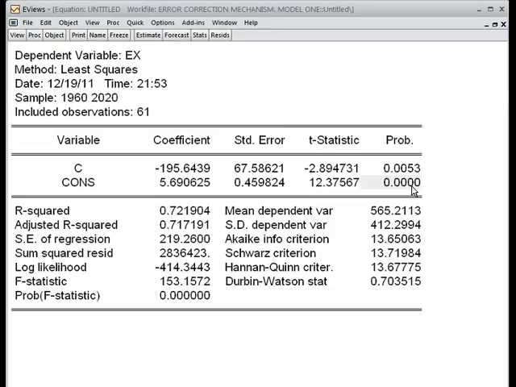And the thing is that when the variables are co-integrated, then we can run the error correction model. I'm telling again, when the variables become co-integrated, or when the variables have a long-run equilibrium relationship, we can run the error correction model.